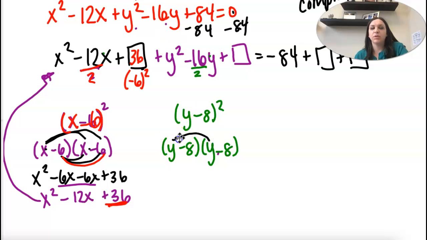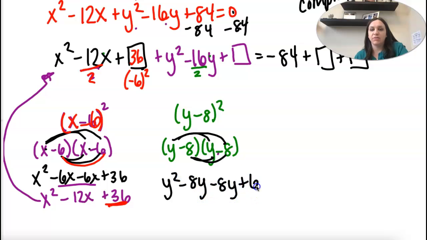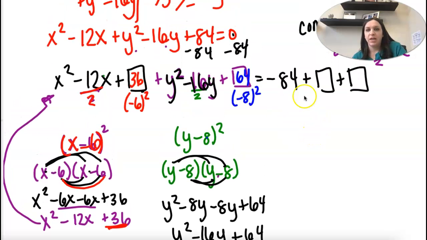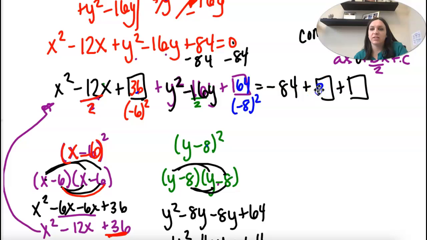If I were to multiply this out, I would get y squared minus 8y minus 8y plus 64, or y squared minus 16y, right here, but we're adding a 64. That goes here. That comes from the negative 8 squared. Okay, and when I add on the left the 36 and the 64, I have to add over here on the right. I've got to balance it.